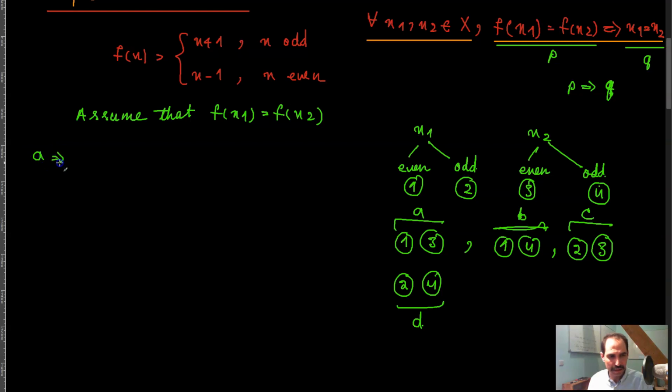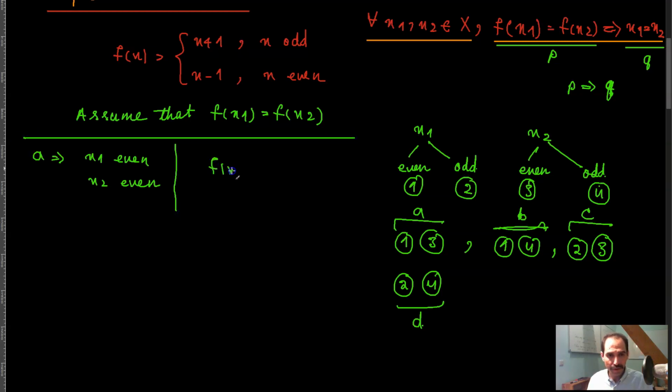Suppose that A is the case, meaning that x1 is even, and x2 is also even. Now since I'm saying that f of x1 is equal to f of x2, let's see what happens when I make this assumption. So what is f of x1? What is f of x2?